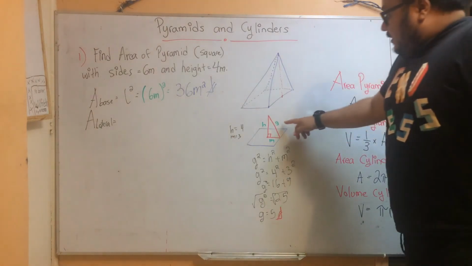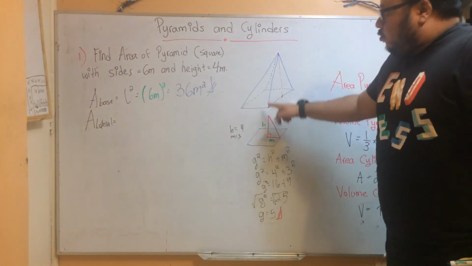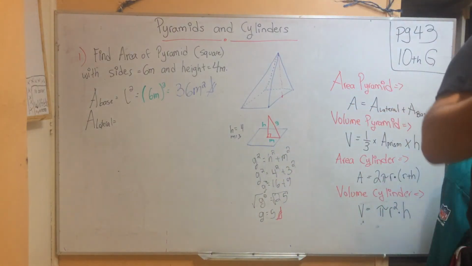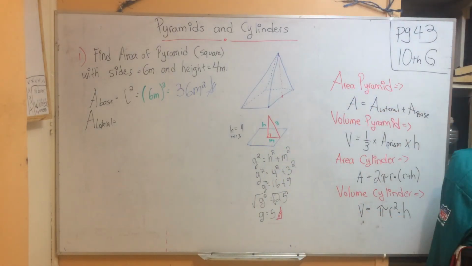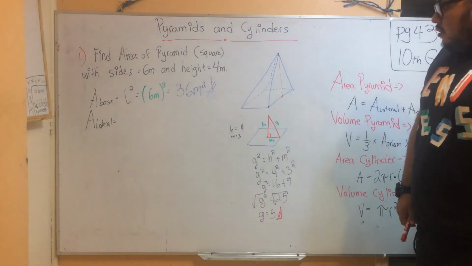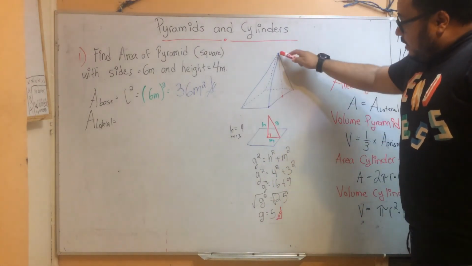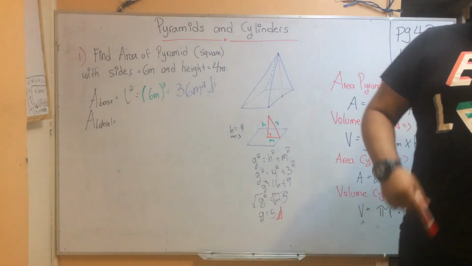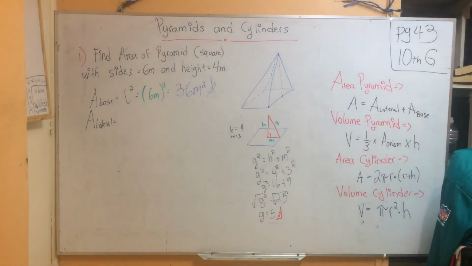So that is why we need G. They give us the height of the original pyramid so that we can find G. We have M because we have the sides of the square base, sorry. So having M and having H, we can find G. Now that we have the height of this triangle, we can work on the area of that triangle.